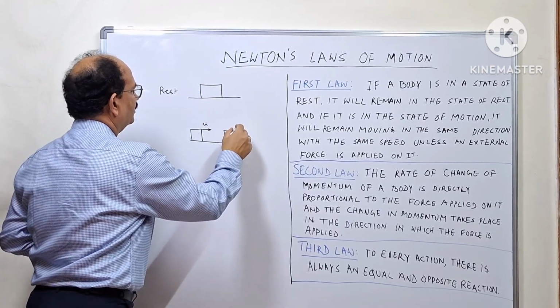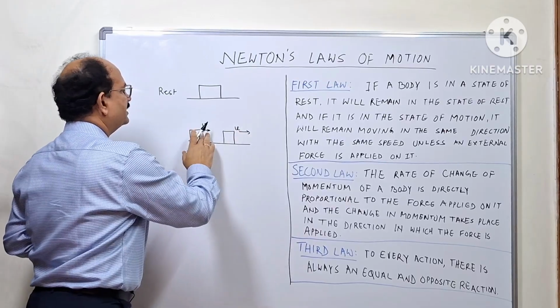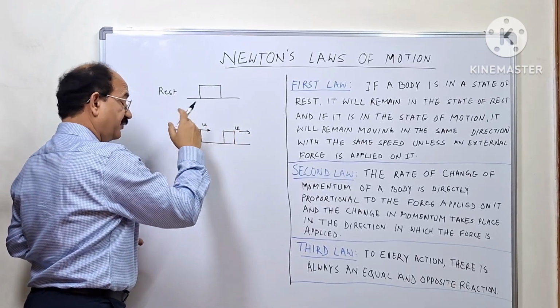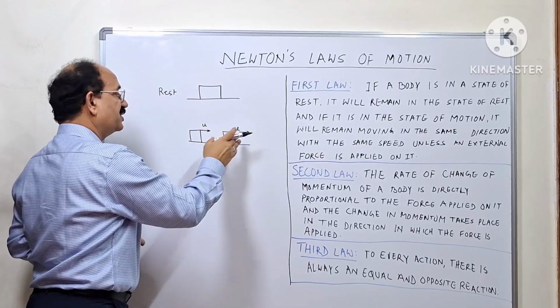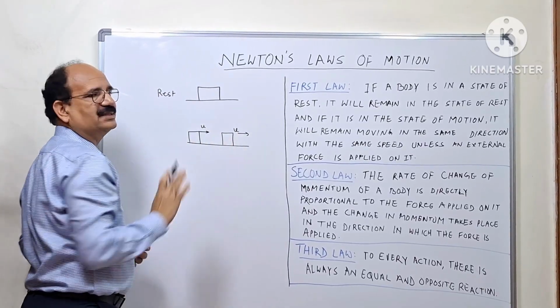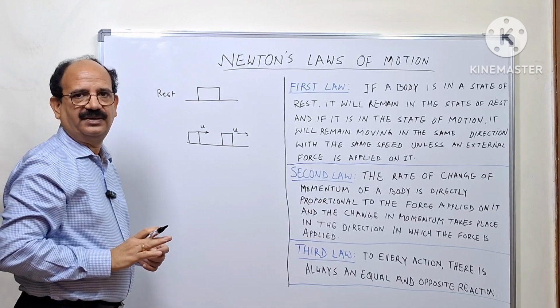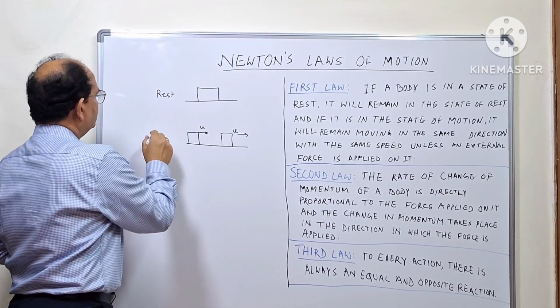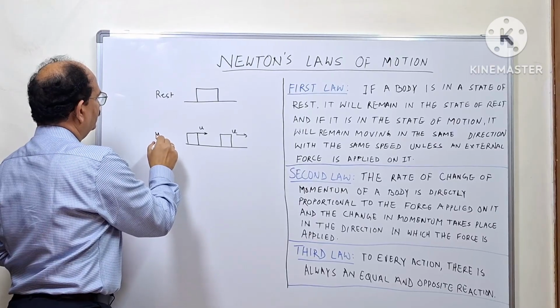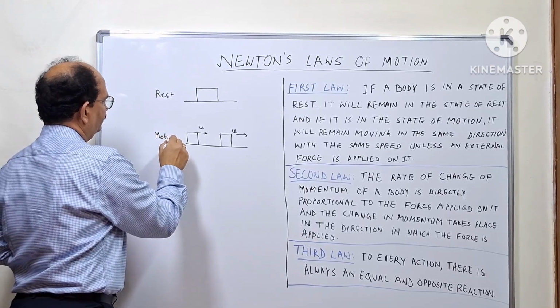Okay, so it will keep moving with the same velocity, same speed in the same direction without any change in the speed, right? So that is the state of uniform motion.